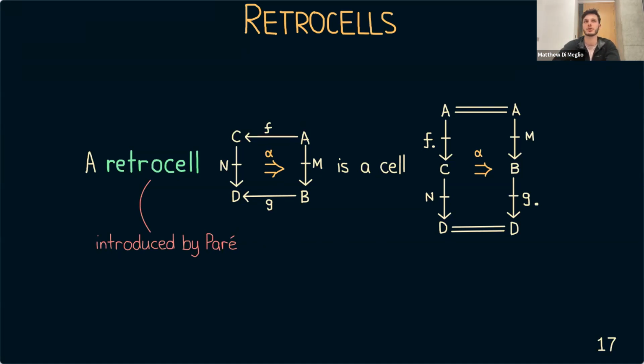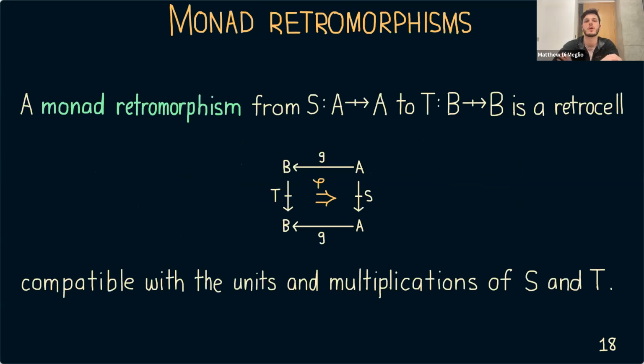So we have this notion of retrocell, and with this notion of retrocell, we can define what a monad retromorphism is. A monad retromorphism from the monad S to the monad T is a retrocell of this shape. You have to choose some direction for the retromorphism, and I've chosen for it to go in the same direction as the arrows rather than the cell, because this convention aligns with the usual convention that Bryce and I use for cofunctors.